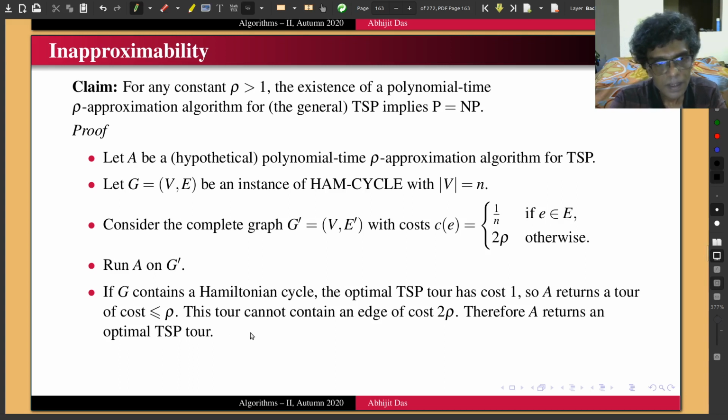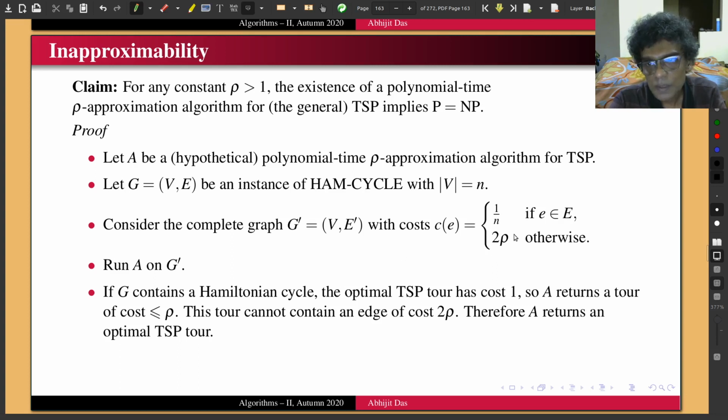Okay. On the other hand, if the original graph does not contain a Hamiltonian cycle, then in order to obtain a TSP tour, you have to include edges of this cost.